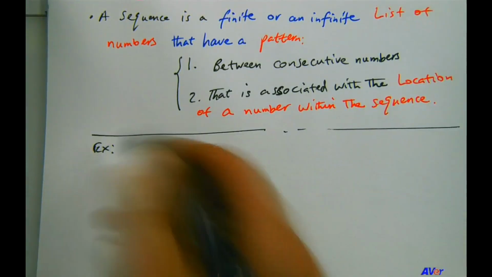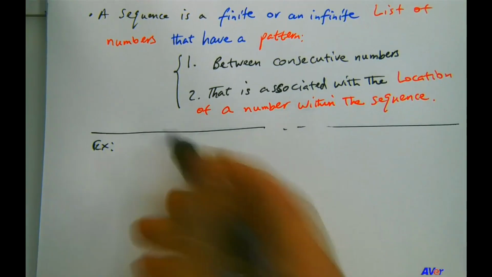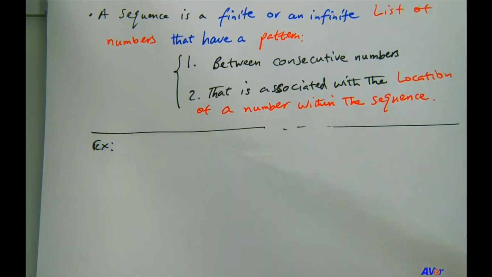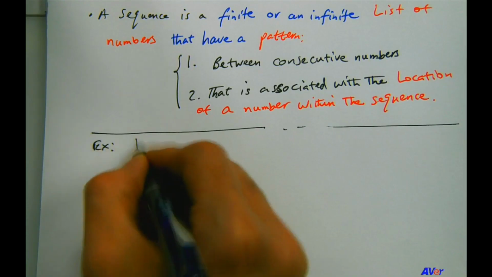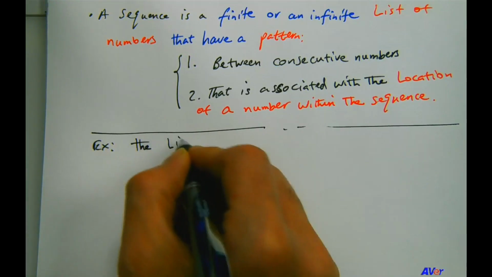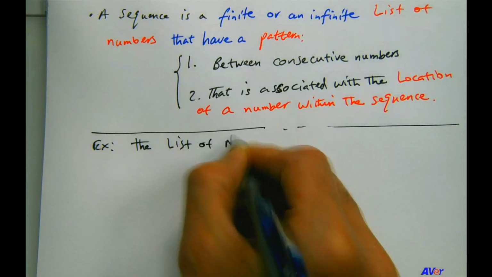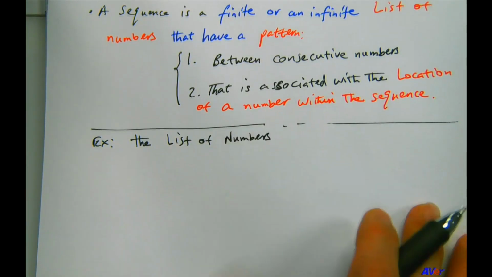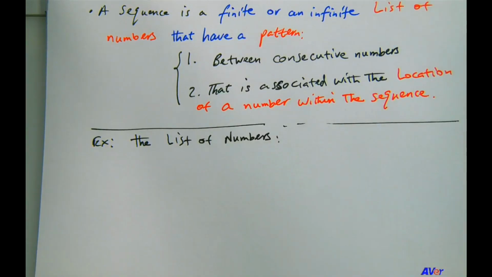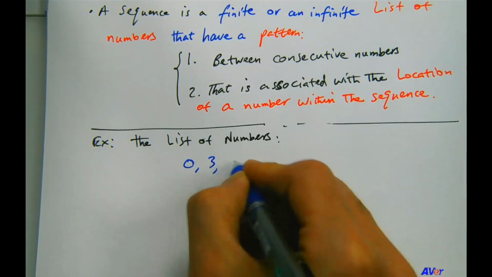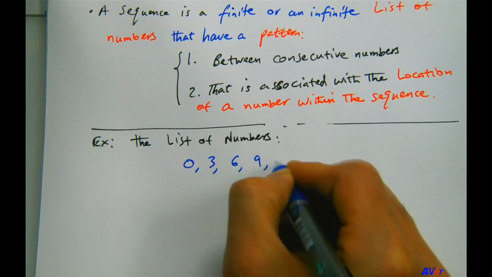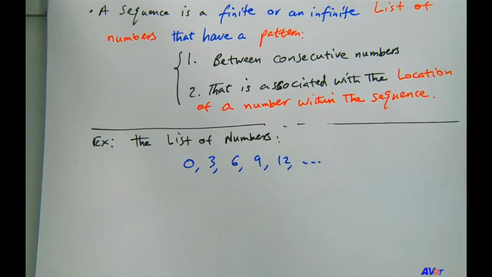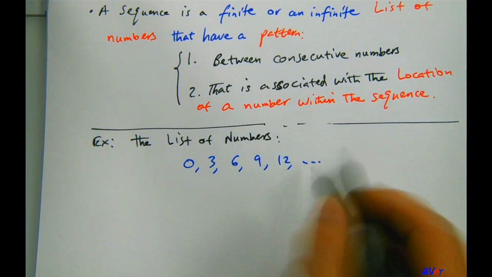Here is just a basic example of what a sequence might look like. The list of numbers 0, 3, 6, 9, 12 is definitely a sequence.